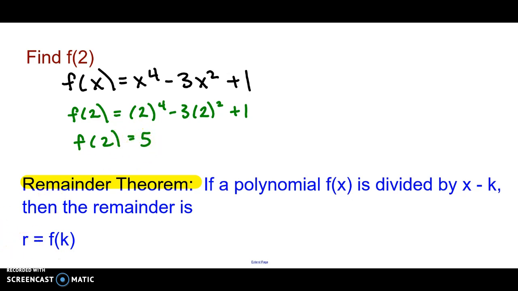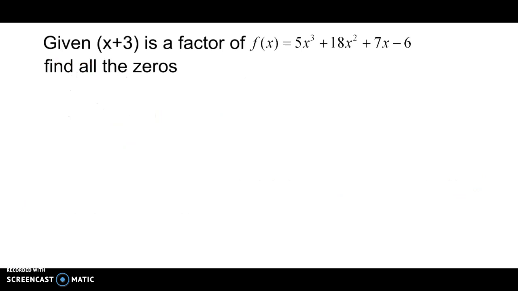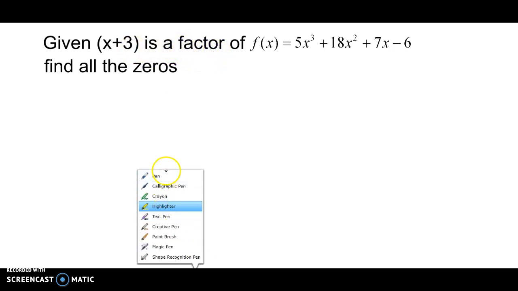That makes sense. So this time we're given that x plus 3 is a factor of this polynomial function. And we want to find all of the zeros. Okay, so if it's a factor, what does it mean that the function's value is?